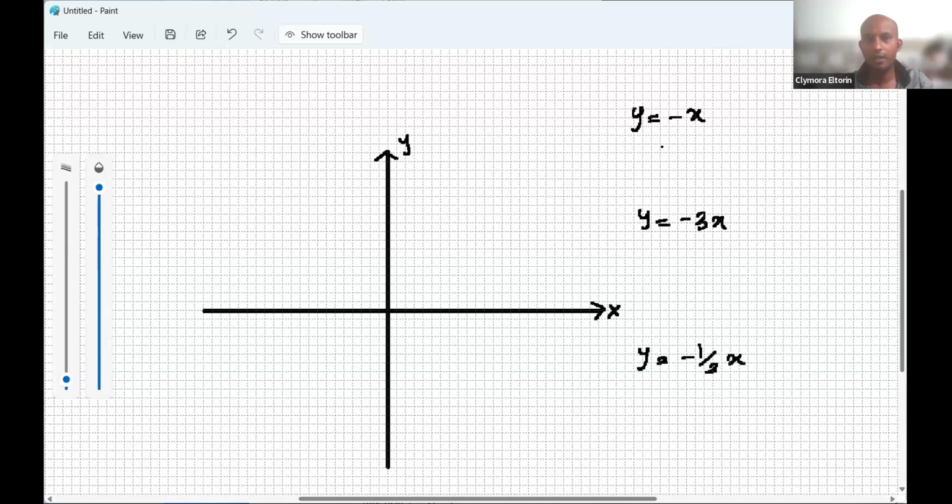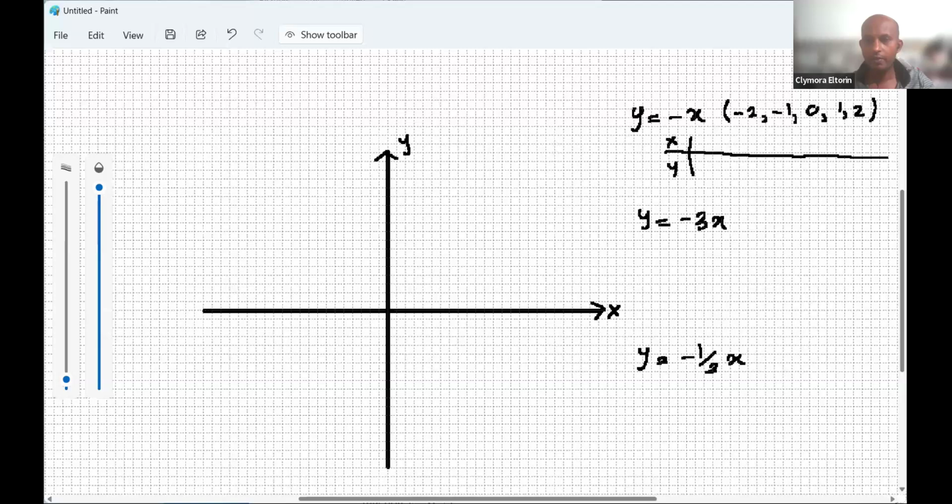Today I'm going to plot y = minus x, y = minus 3x, and y = minus half x. Within brackets, the values you need to take for x are minus 2, minus 1, 0, 1, and 2. Let's plot the table here.